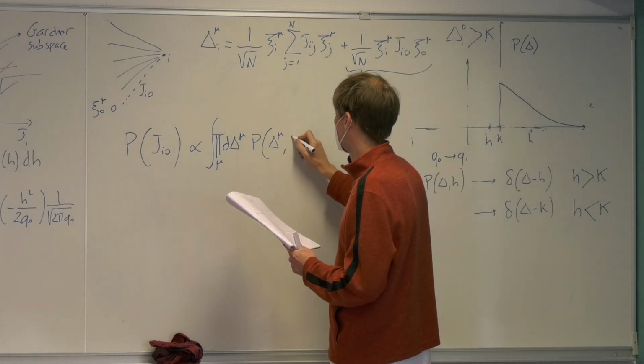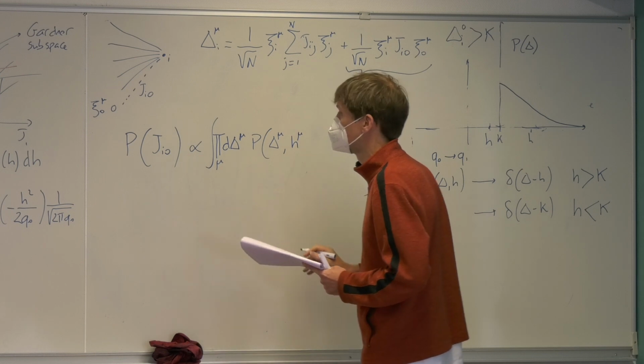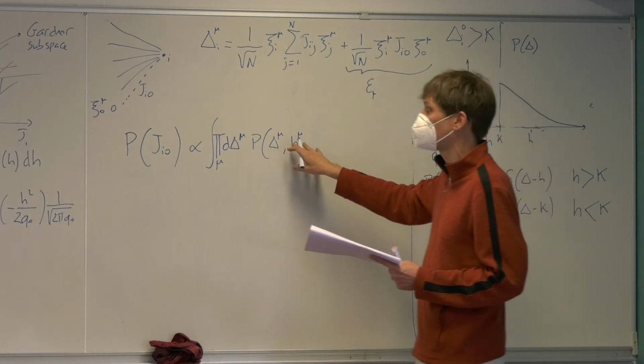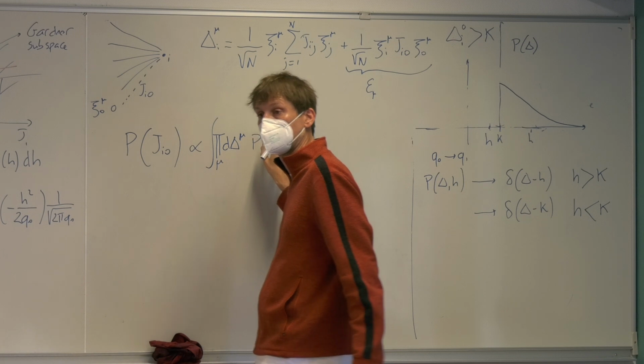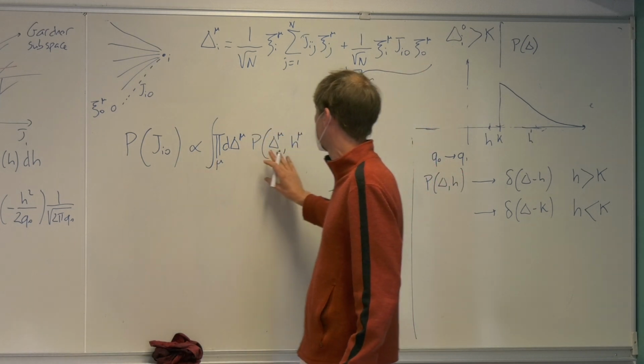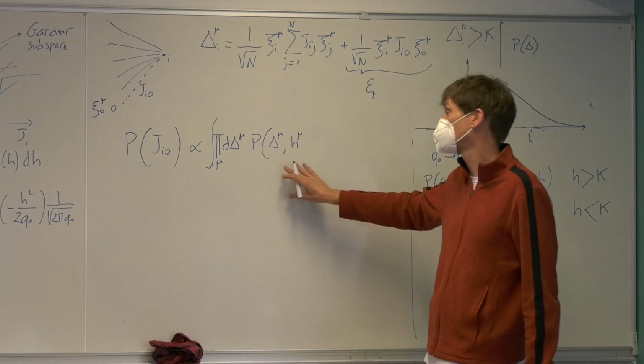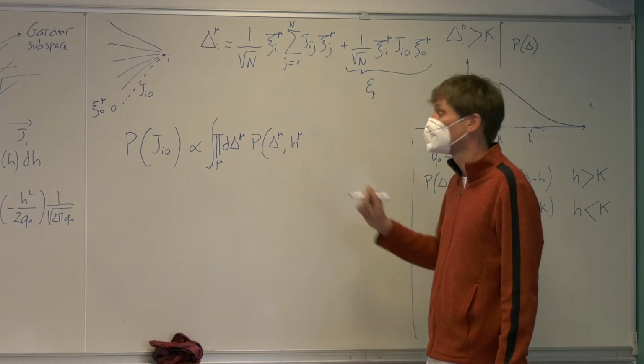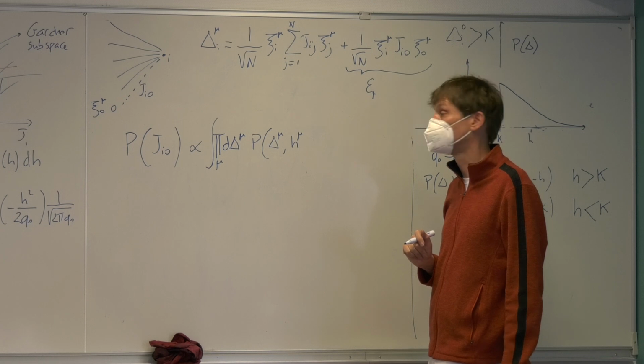Initially, we take the distributions of delta mu's for a particular realization of the patterns. What I just erased was the distribution of delta mu's for a particular realization of the patterns that leads to a mean which is h mu.